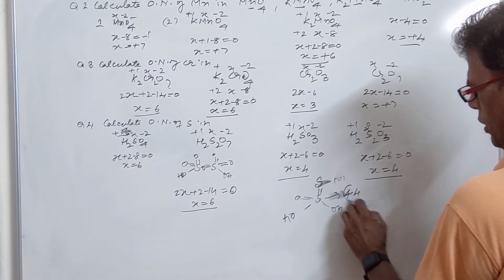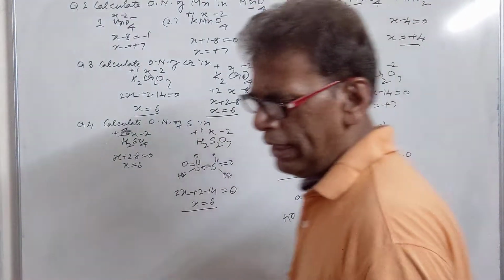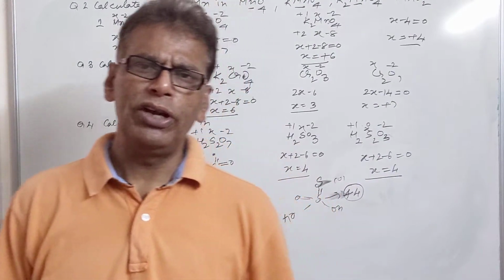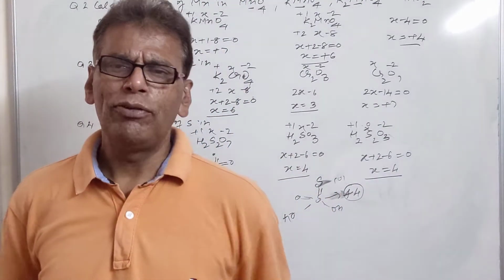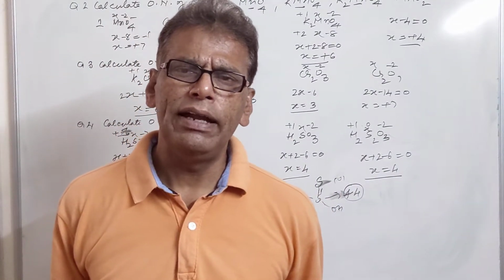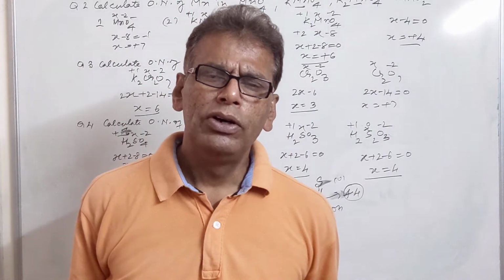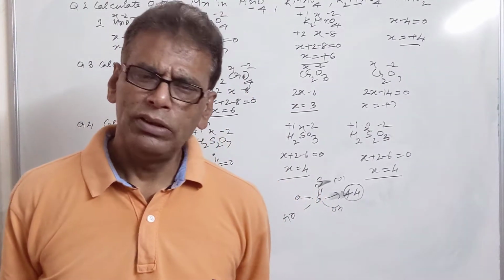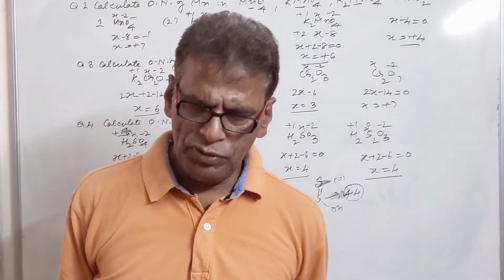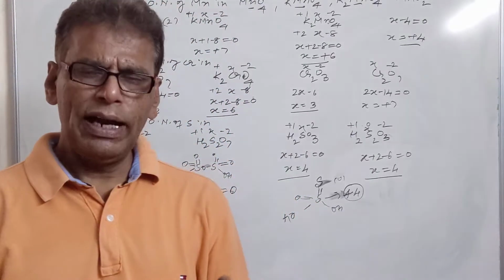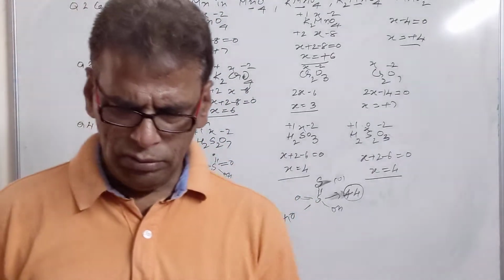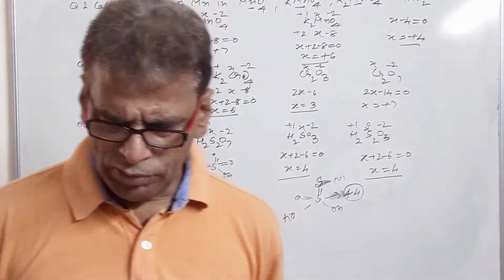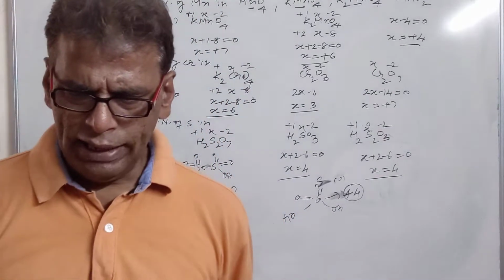So one sulfur is present in plus 4 state, another sulfur is present in 0 oxidation state. When a bond is formed between similar atoms, the oxidation number of those species is taken to be 0, because similar atoms neither lose electrons nor gain electrons, but they share electrons.